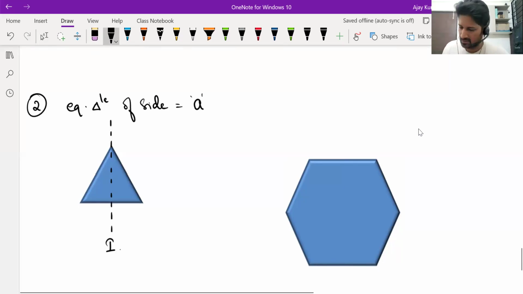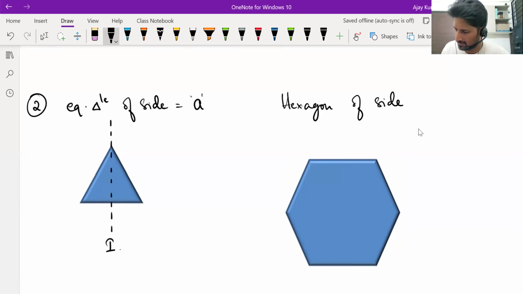So wait, let me mention here. It's a hexagon of side A. And you need to derive its moment of inertia about an axis which cuts it into two halves vertically. Okay.